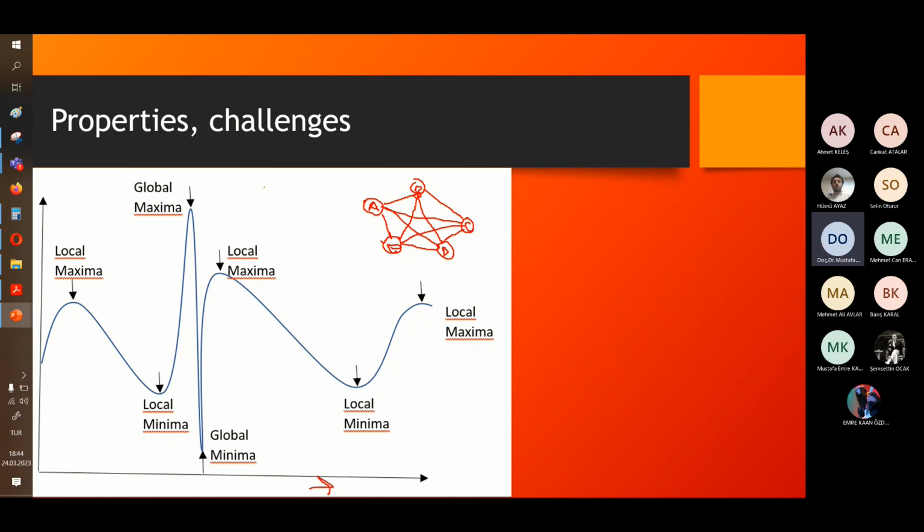Let's start from A, go to D, then go to B, then go to E, then go to C.